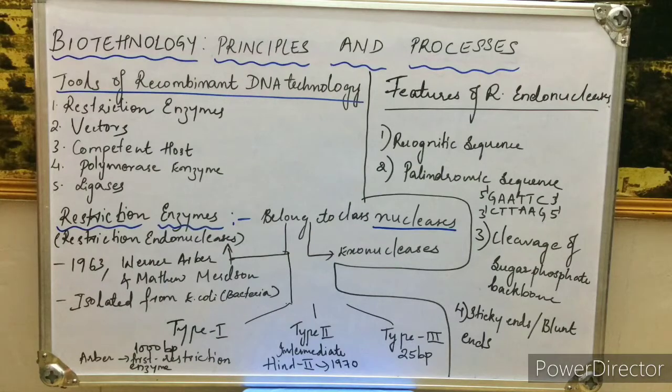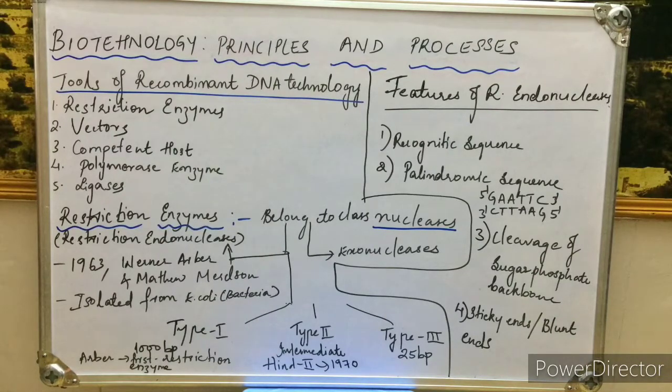Yes or no? So recombinant DNA technology is nothing but combining two different DNA molecules to form a new combination of the molecule, right? Now let us see what tools are required for recombinant DNA technology.